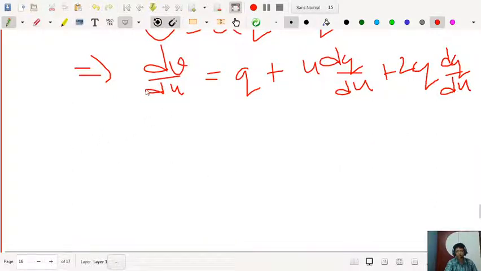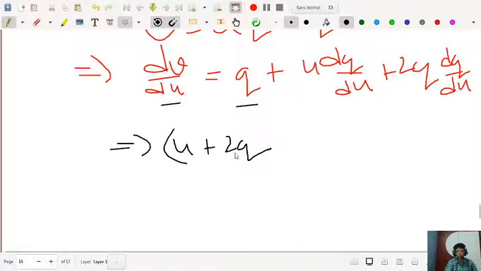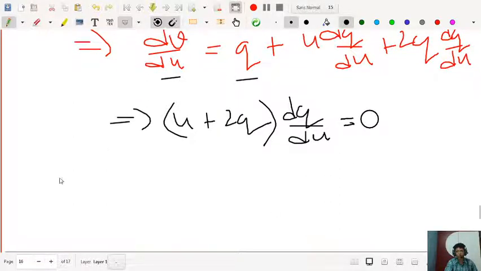These terms cancel: dv/du is q and this is q, so you remain with (u plus 2q) into dq/du equal to 0.